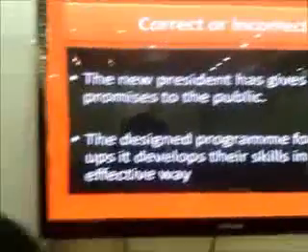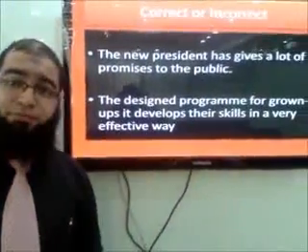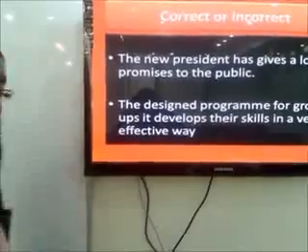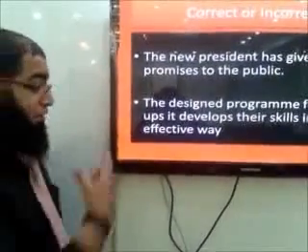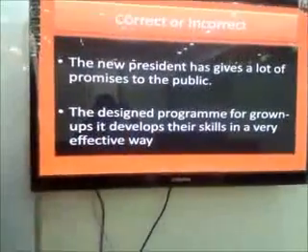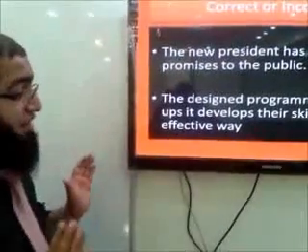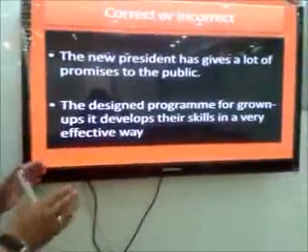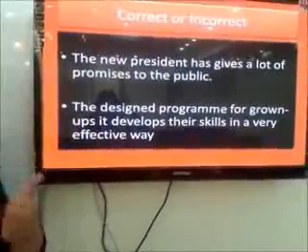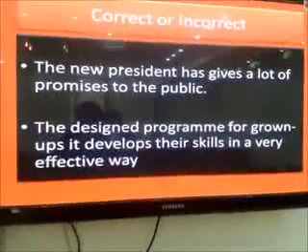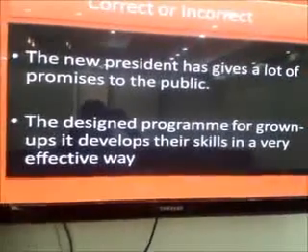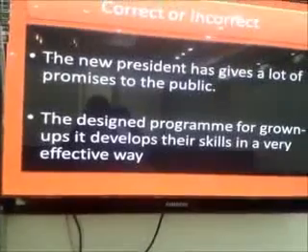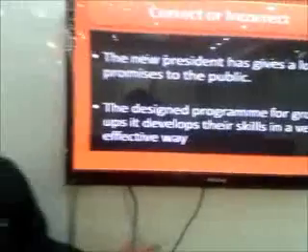Oh my god, that's another subject. So, I don't have one subject here. I've got two. And one verb. The verb is develops. But I've got the design program for grown-ups, that's a subject. It, that's another subject. And one verb. So, this sentence is incorrect. Why incorrect? Because I don't need double subjects.